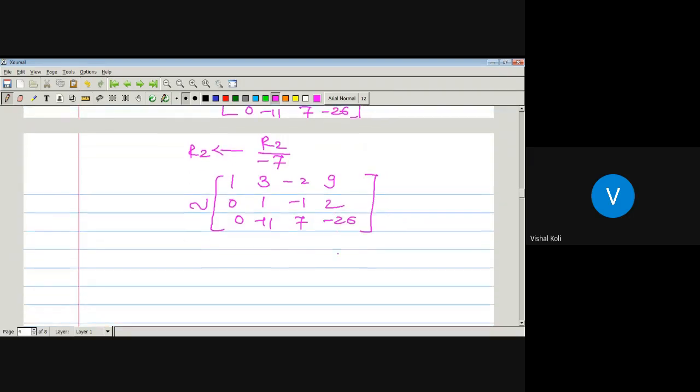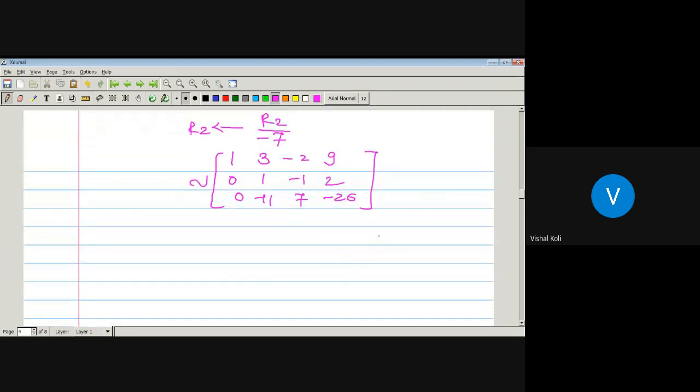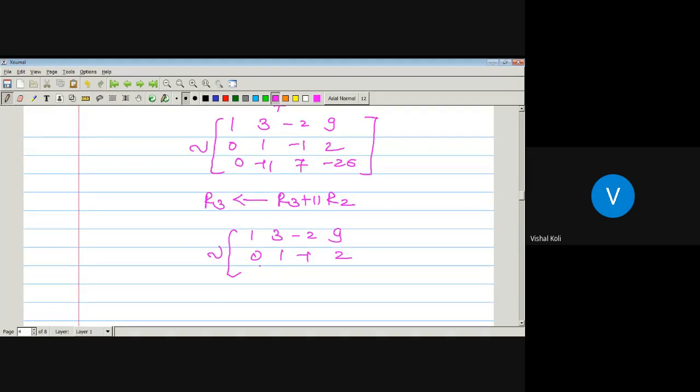Now, R3 is changing to R3 plus 11 times of R2. That is, we have to multiply the second row by 11 and add it to third one. Then it becomes first row as it is, second one also as it is, and now third one is changing to 0 plus 0, 0.